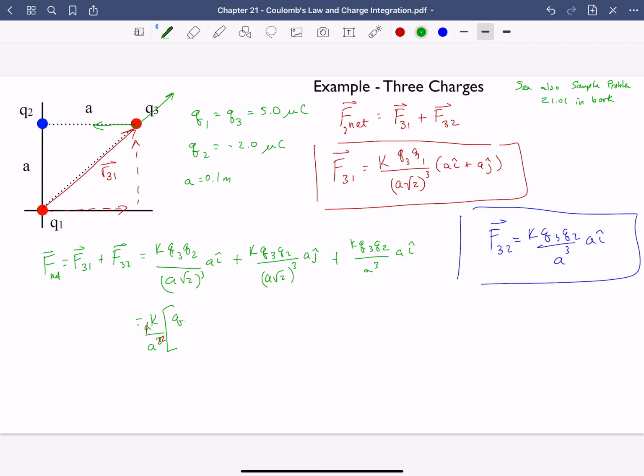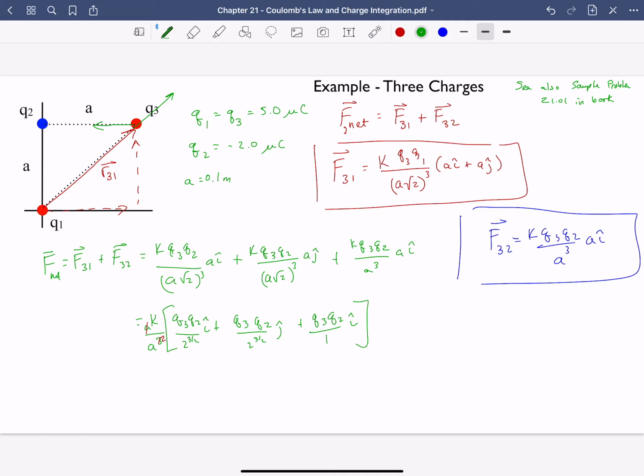Well, I'm left with Q3, Q2 all over 2 to the 3 halves, that's square root of 2 cubed, I hat, and then Q3, Q2 all over 2 to the 3 halves J hat, plus Q3, Q2 all over 1 times I hat.